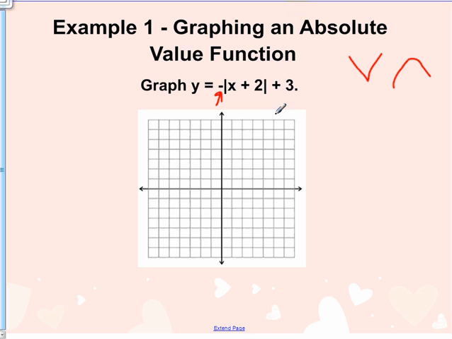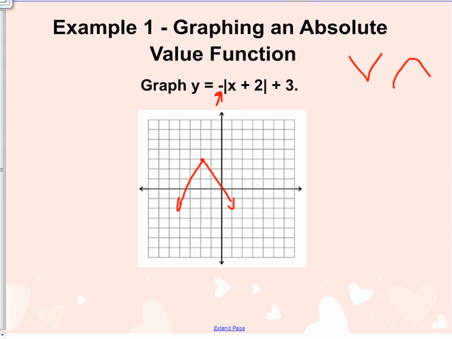Then I can say, plus 2 on the inside means that my V is going to move this way too. And then this plus 3 means that it's going to move up 3. Now because it's a negative, my equation is going to be a downward V, and it would look like this.